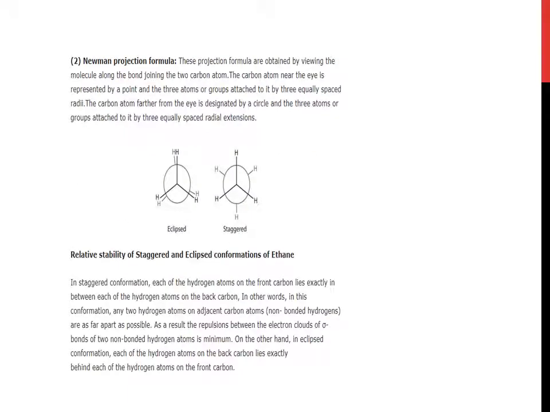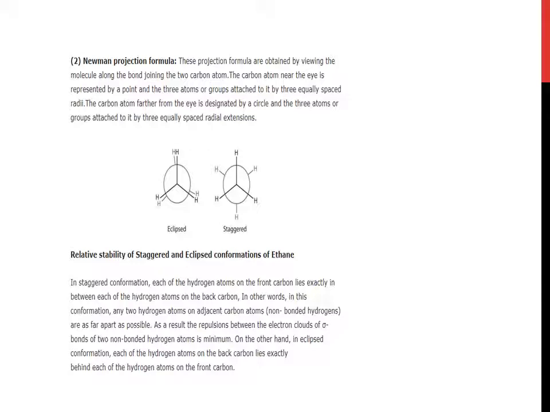Now, Newman projection formula. These projection formulas are obtained by viewing the molecule along the bond joining the two carbon atoms. The carbon atom near the eye is represented by a point. That point is at the center of the big circle. There is the big circle on the screen and there is the point where the three lines meet.